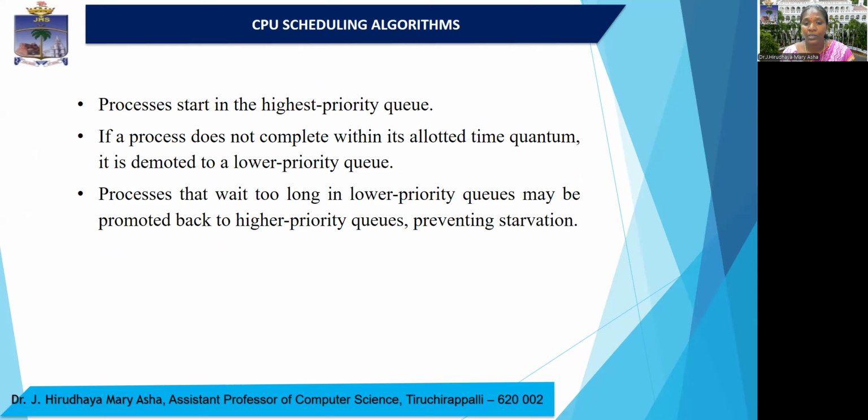If a process does not complete within its allotted time quantum, the CPU will be transferred to the lower priority queue. A process that has waited too long in lower priority queues may be promoted back to the higher priority queues, preventing starvation, so that the processes can move between the queues from front to back and get lower and higher priorities.